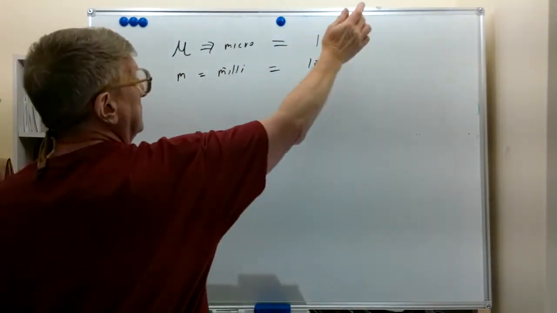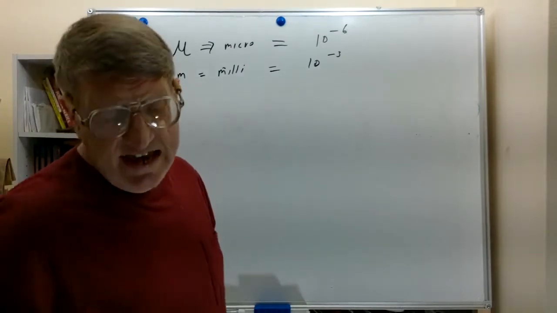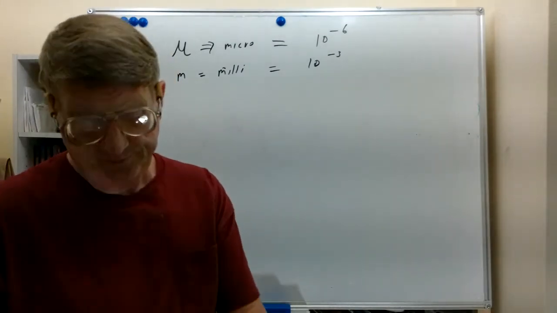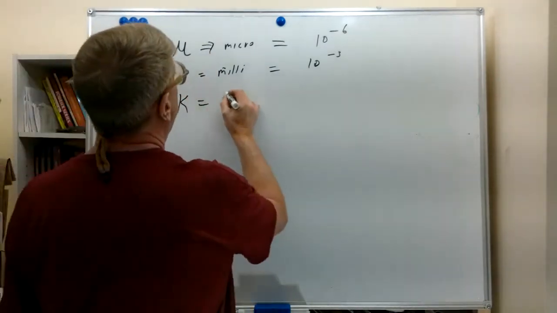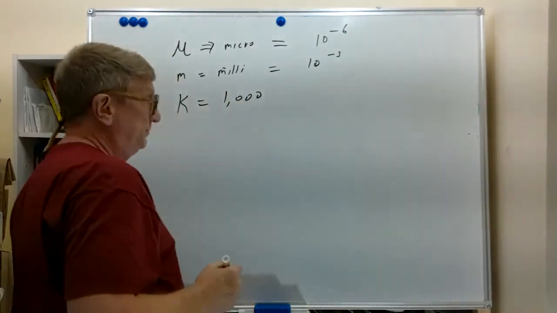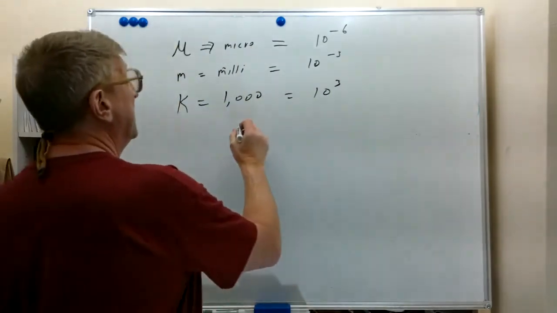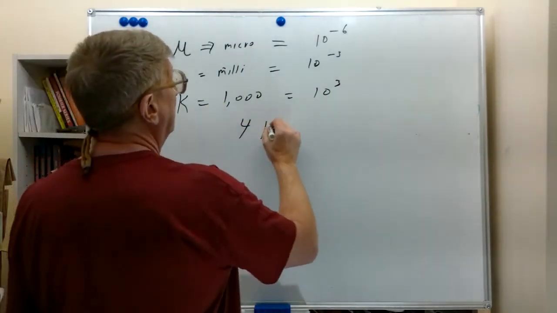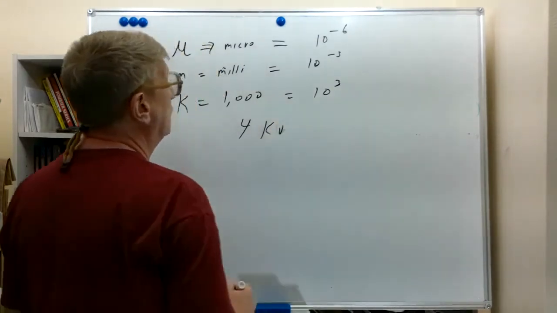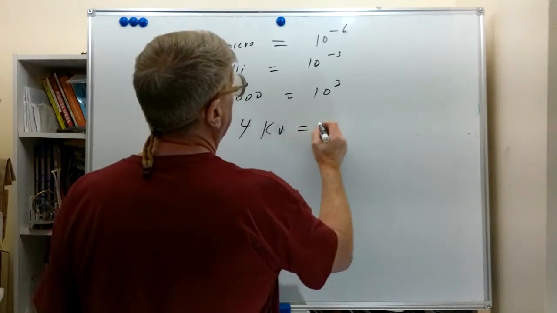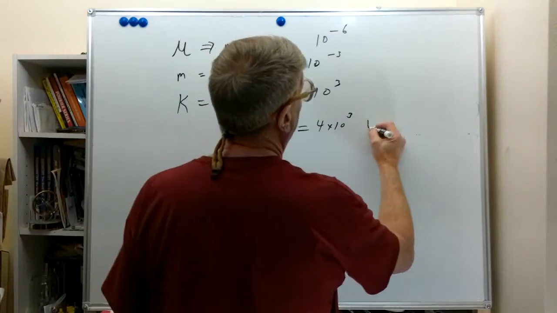So we've got micro, 10 to the minus 6, milli, 10 to the minus third, and then we've got kilo. We've got K, which equals 1,000, which equals 10 to the third. So if I say 4 kilovolts, that would be 4 times 10 to the positive third volts.